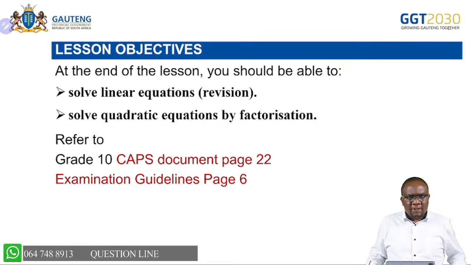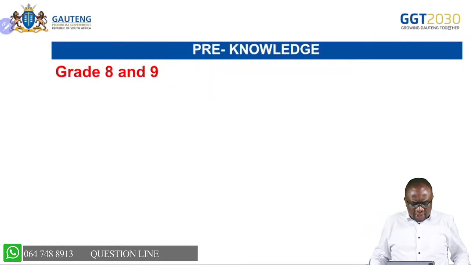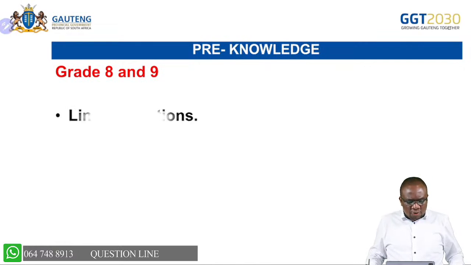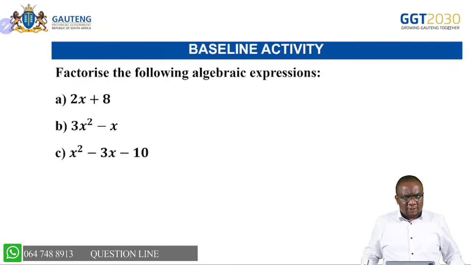Using the highest common factor, factorization of the trinomial, quadratic trinomial, the difference of two squares, difference and sum of two cubes. So we're going to apply those factorization methods to solve equations, especially quadratic equations. In grade 8 and 9, we did linear equations, and then we did factorization. And then we're going to apply all those things in today's lesson, even fractions.